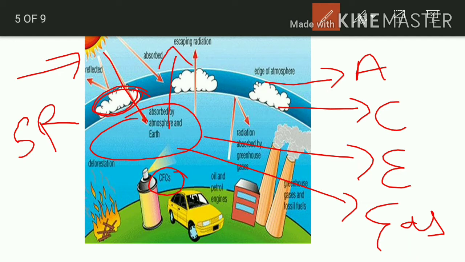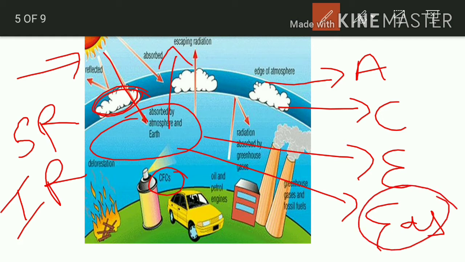During this process the reflection is in the form of IR rays. Why infrared rays? Because the heat energy is absorbed by these greenhouse gases like carbon dioxide, methane, and chlorofluorocarbons. The greenhouse gases present in the earth's atmosphere take up the solar radiation and it is reflected back.